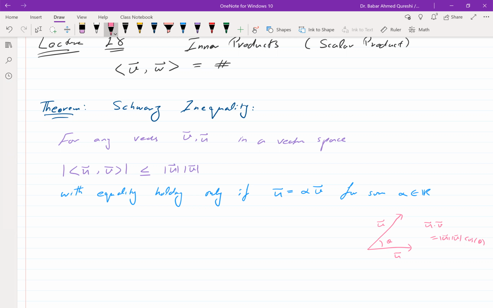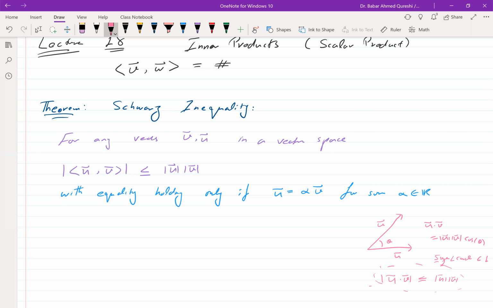Because the absolute value of cosine theta is at most 1, the absolute value of u dot v has to be at most the product of the lengths. When I make u dot v, apart from the lengths, I'm also including a number which is smaller than 1. So this is how I guessed it.